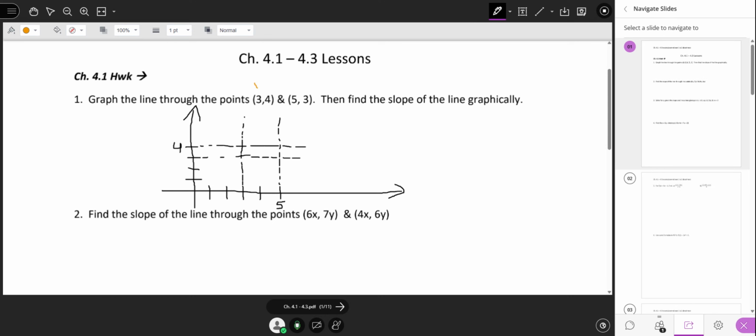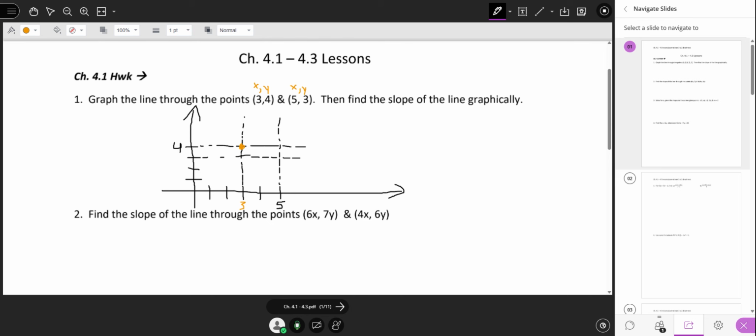Remember, it comes in an X, comma, Y. So you go to your X value first, then you go to your Y value, and where those two lines cross, that's where you put your point.